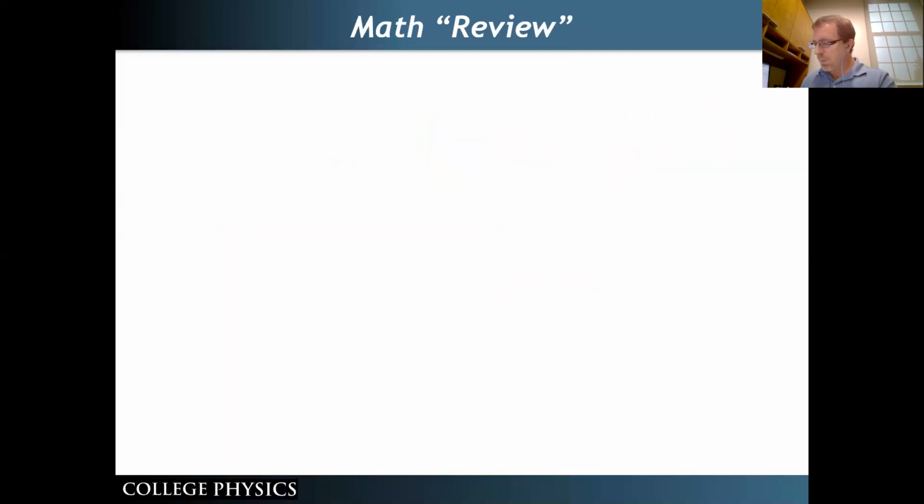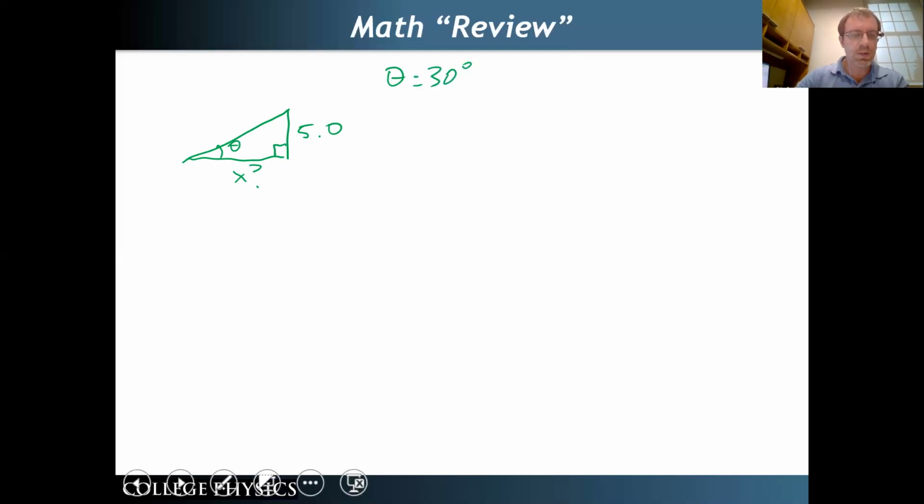All right, so let's look at another example. Same kind of idea: I've got a triangle, a right angle, and my angle theta. Let's say that this side right there is 5, and I want to know what this one is. Let's say that theta is equal to 30 degrees. Let's label what these sides are again.